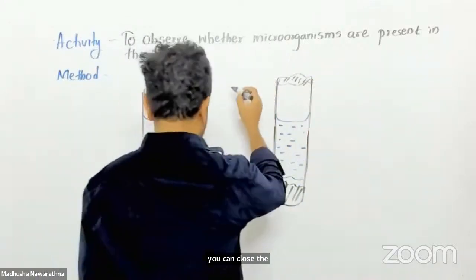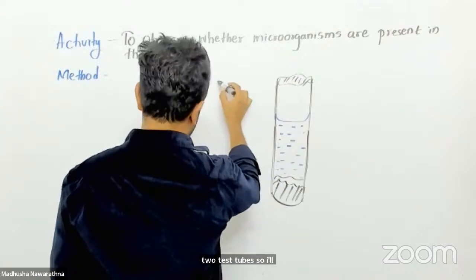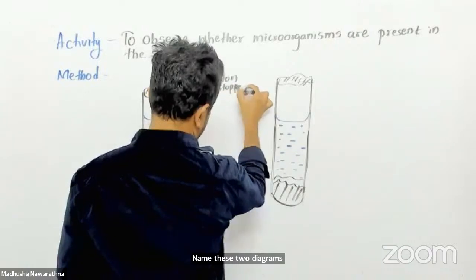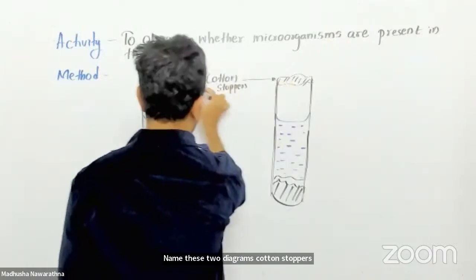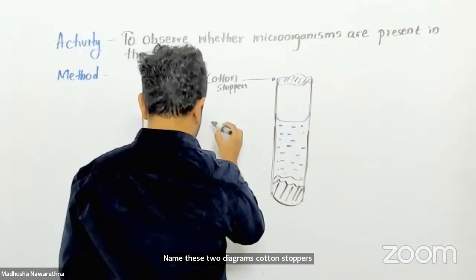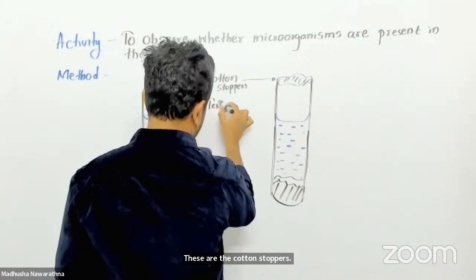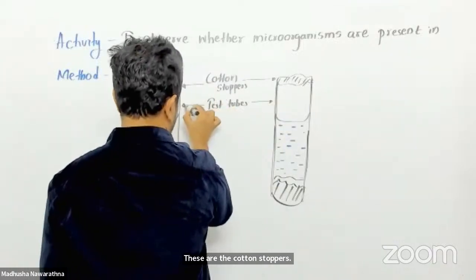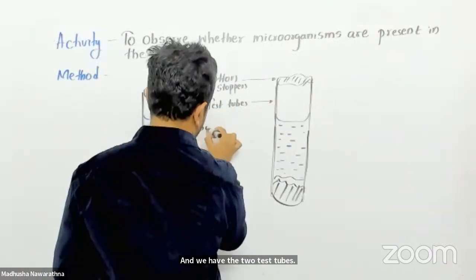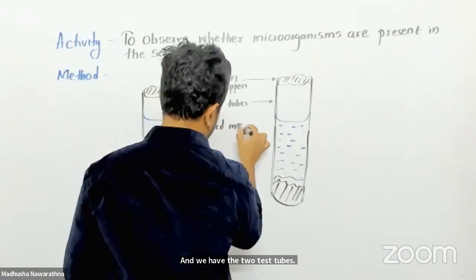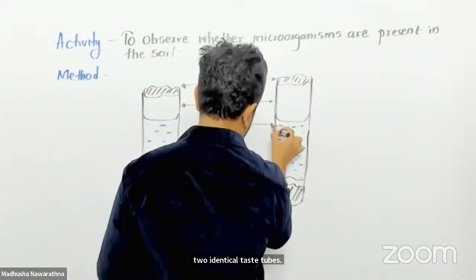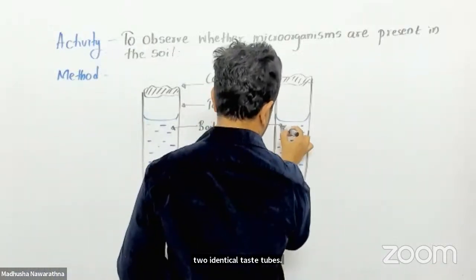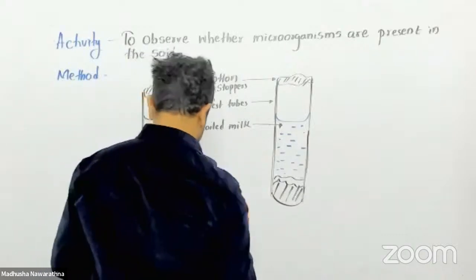So I'll name these two diagrams cotton stoppers. These are the cotton stoppers. And we have the two test tubes. Two identical test tubes. And then the boiled milk. Boiled milk.